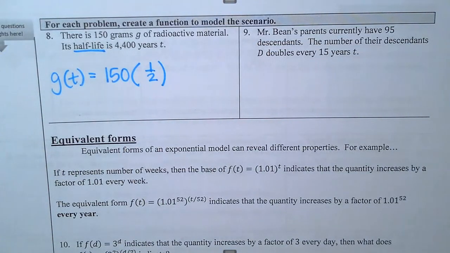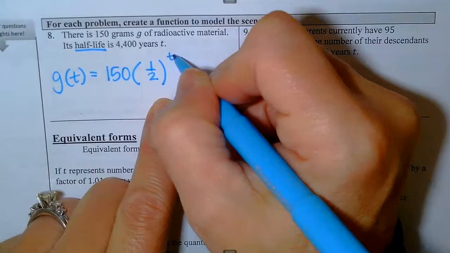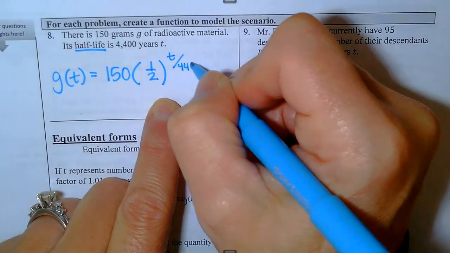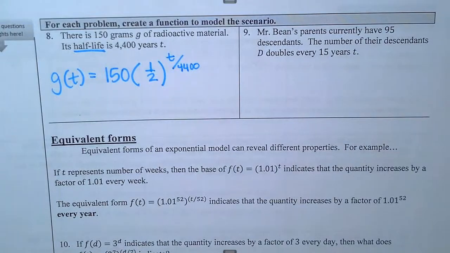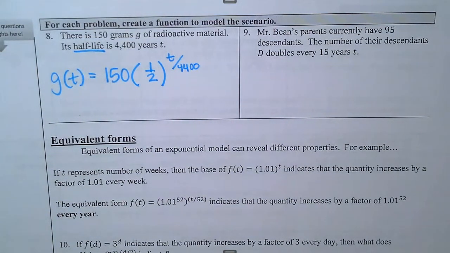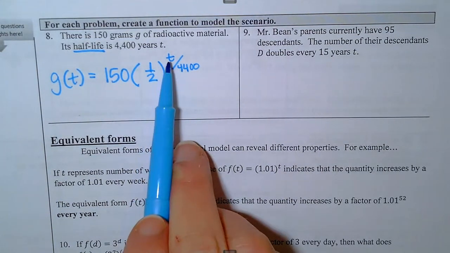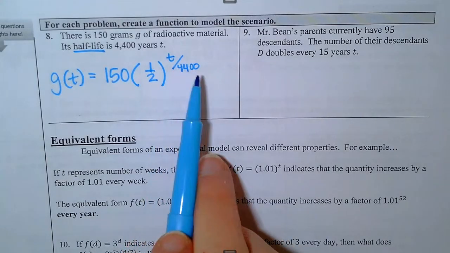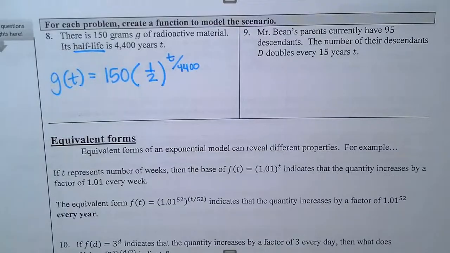And then the 4,400 is how long it's going to take. So the T is the total time divided by 4,400. So if they say, how much will be left in 10,000 years, you'd put the 10,000 up top. And then you could figure out how much of that substance would be left after 10,000 years.